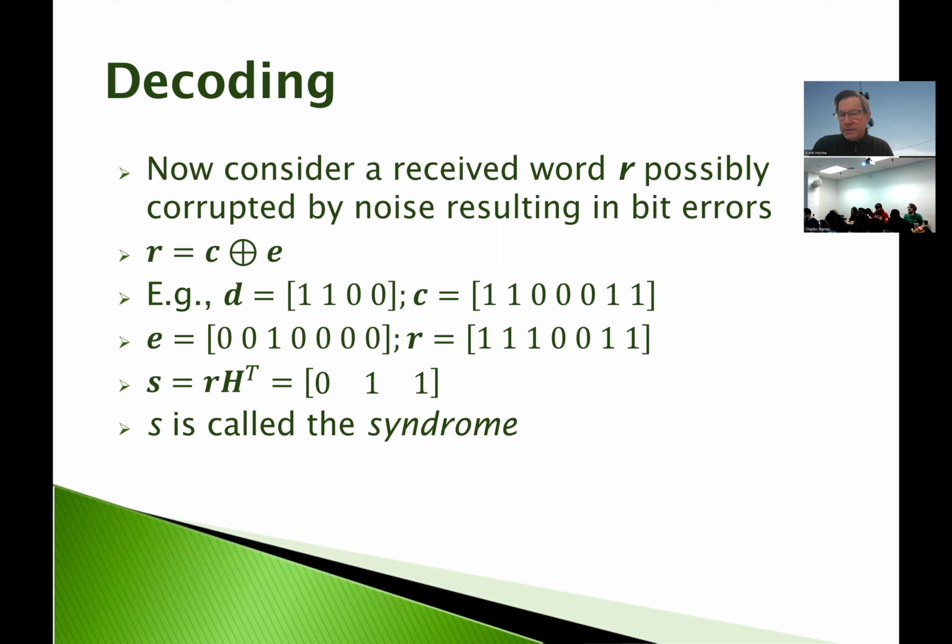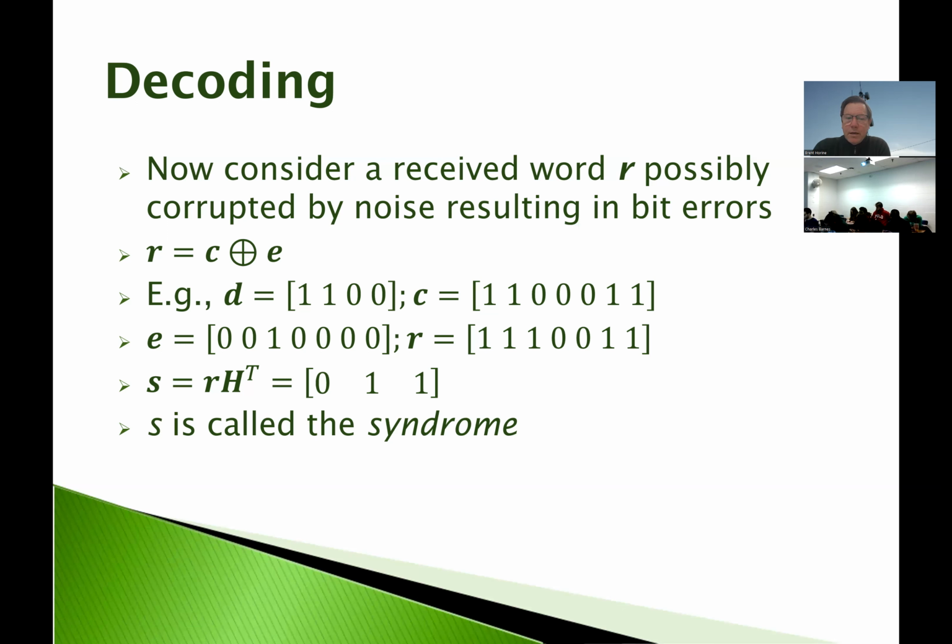In this case, the Hamming 7,4,3, that N is equal to 7. So we're going to gather up 7 bits, and we're going to try to figure out if those are legitimate, and if they are, what message corresponded to those.